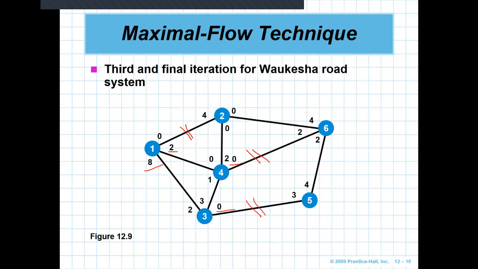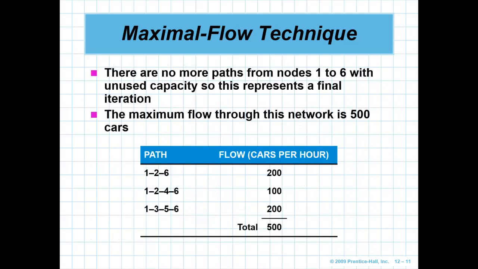So that's it. If all the possible paths from start to finish cannot be found anymore, that means the maximal flow, or the objective, has been retrieved. In this case, there are 3 paths: 1, 2, 6, 1, 2, 4, 6, and 1, 3, 5, 6.